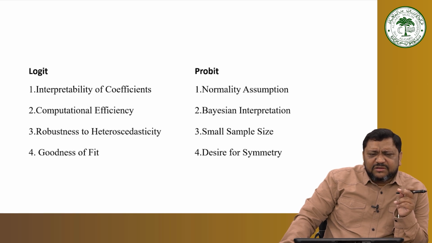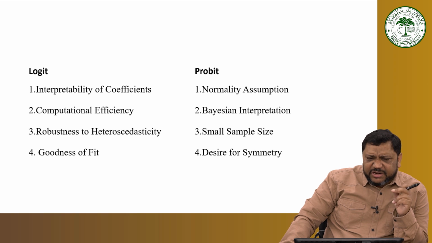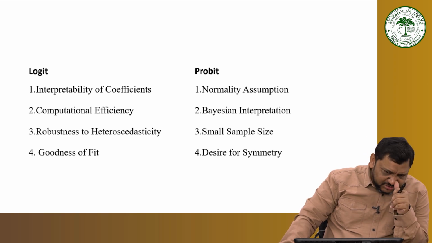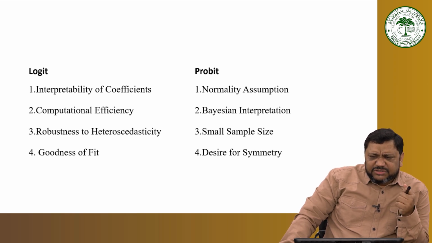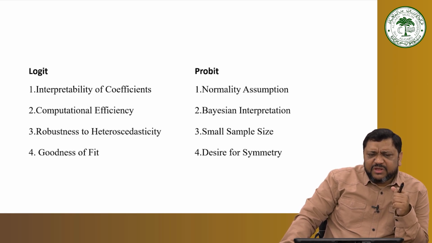Then the next thing is that probit models have a more straightforward Bayesian interpretation, as they are based on the cumulative distribution function of the standard normal distribution. We use our standard normal distribution in this case.